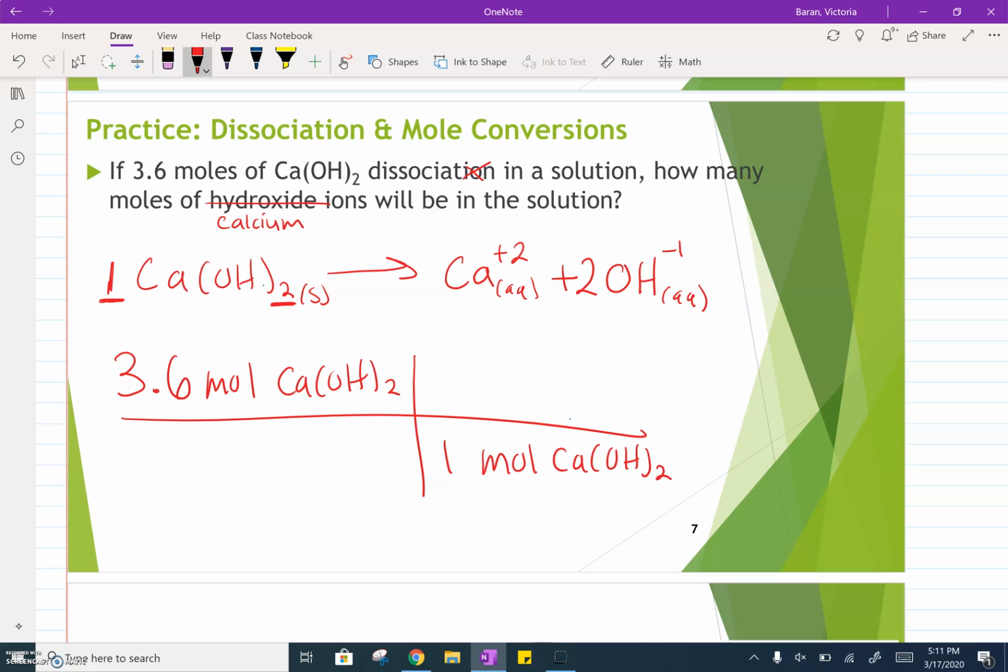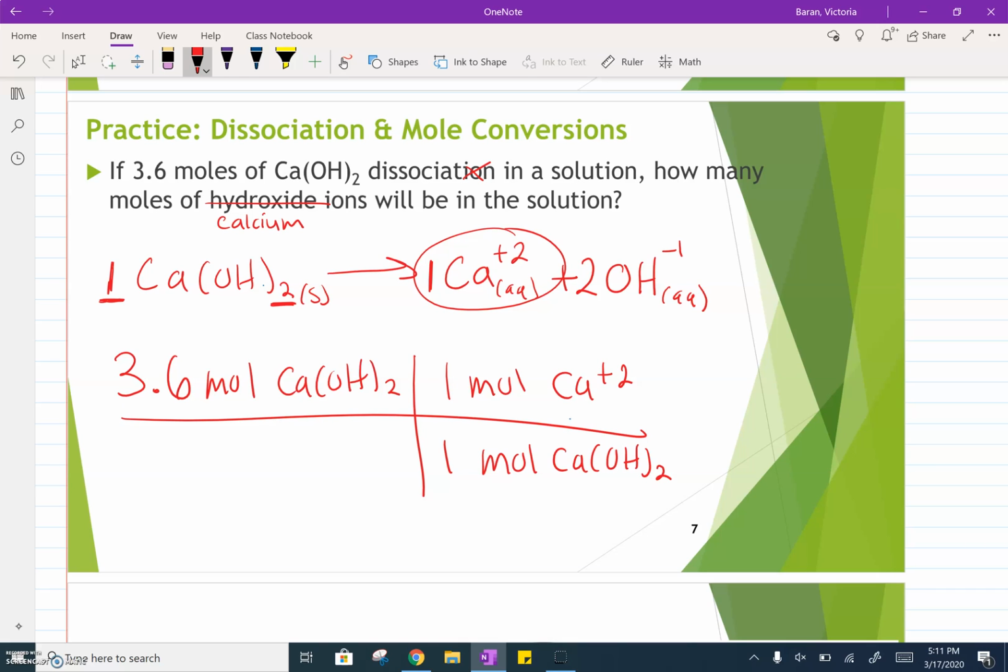And they're asking me for moles of calcium ions. Well, this right here is calcium, and I only have 1 of those. So I'm going to write 1 mole of calcium, and again, that's an ion because it has a positive charge.